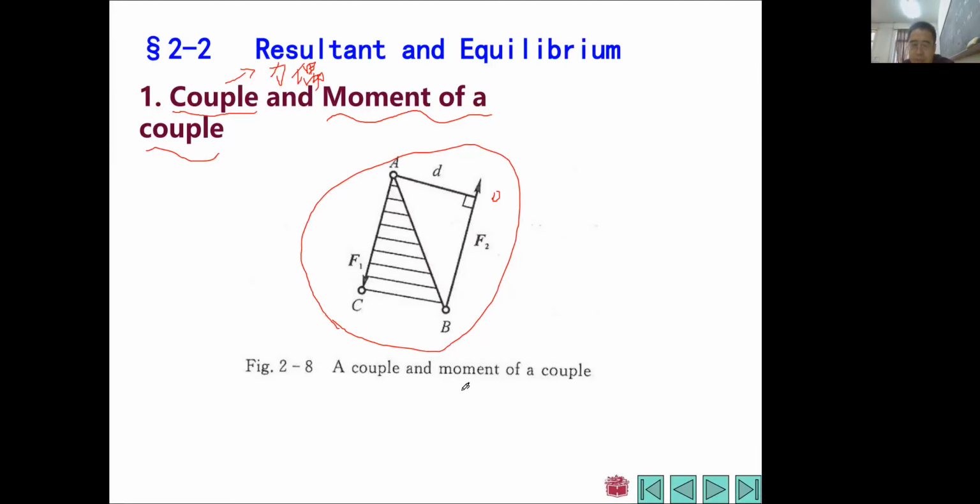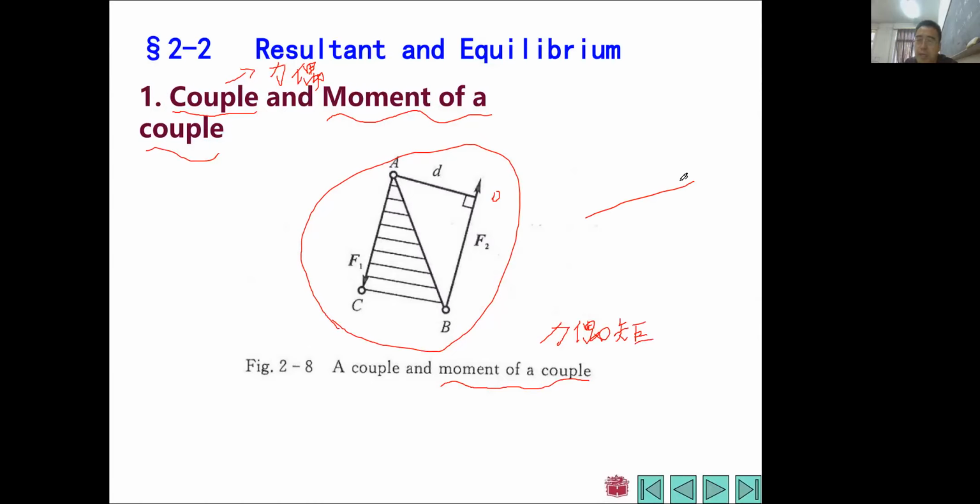That effect is because of the moment of a couple. Actually, in Chinese we say 利有句. So you can think about the moment of a force to a point. Actually, we have learned the moment of force to a point.